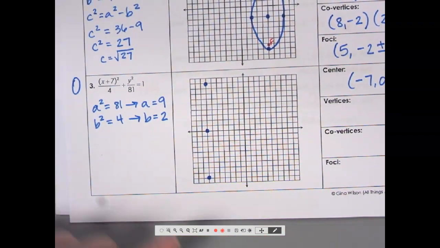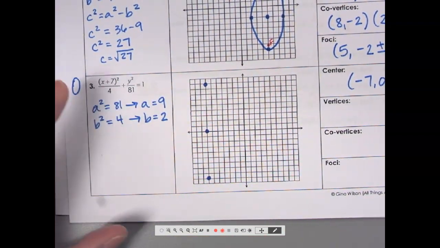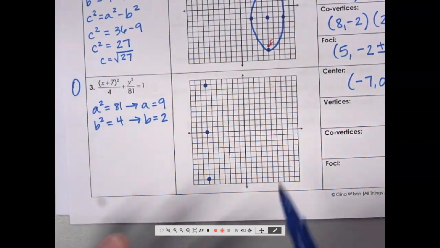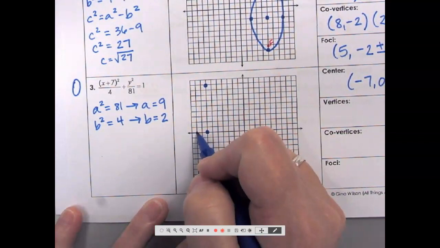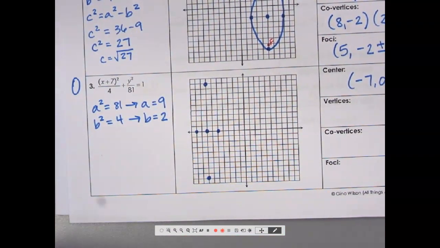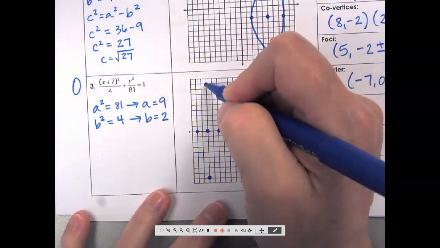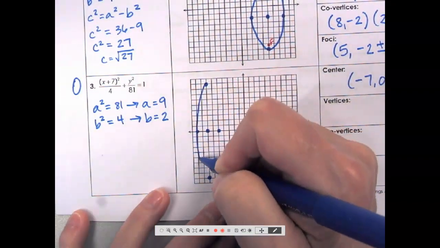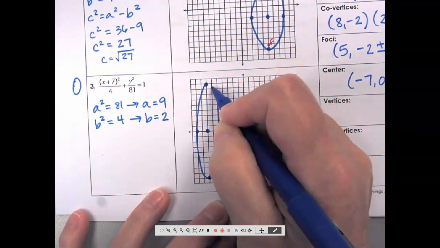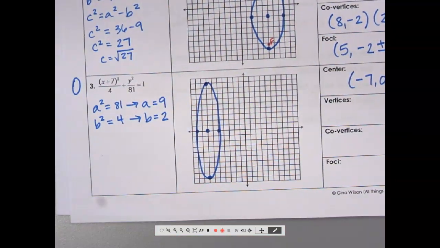Okay, 2 came from the smaller denominator, which is under the x. X-axis goes left and right. So I'm going left 2, right 2. This is a really skinny one. Connect them. There's our graph.